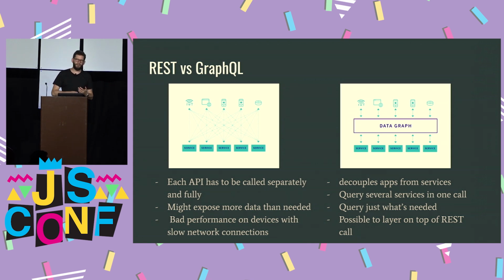You have several issues. For example, if you need data from different kinds of services, you always have to call them separately. You have to get all the data from them. And basically, this leads in a slow network environment to bad performance. And you basically get data you don't want or you don't need.